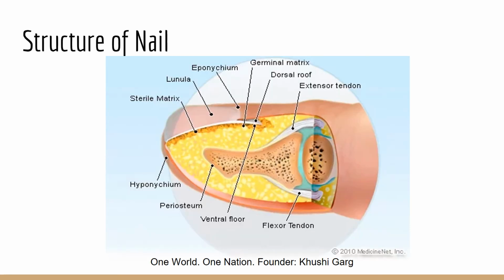Okay, now that we have talked about the cells that make up the nail, let's move into the bulk of the information: the structure of the nail and the fingertip. Now, when first looking at this picture, the thing that stands out most is not the nail itself, but actually the yellow of the fingertip. This is the adipose tissue, or the fat that we've previously discussed.